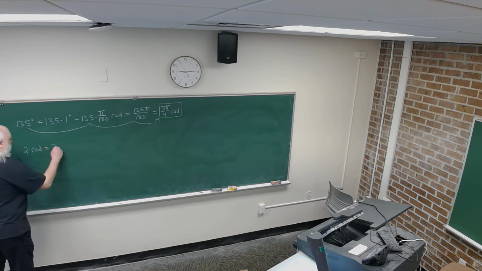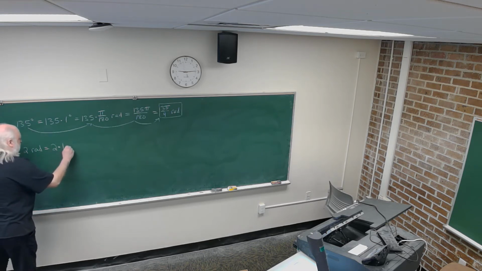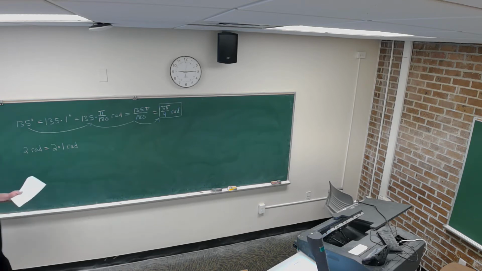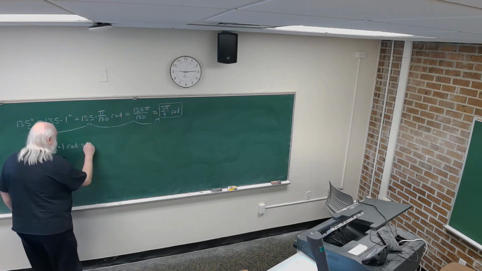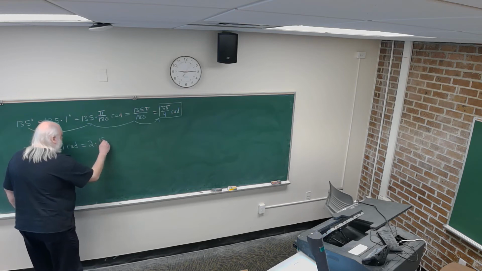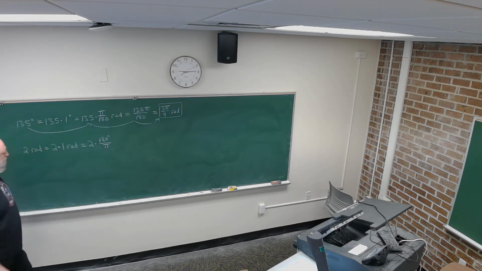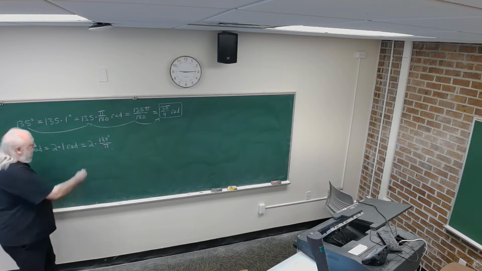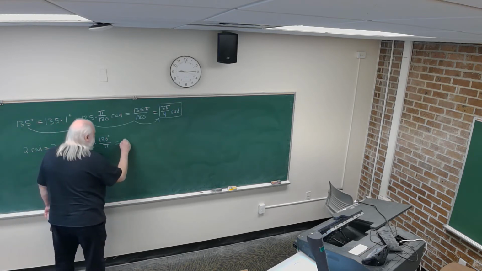Well, 2 radians is the same as 2 times 1 radian, and 1 radian is equal to 180 degrees divided by pi. Now 2 times 180 is 360.